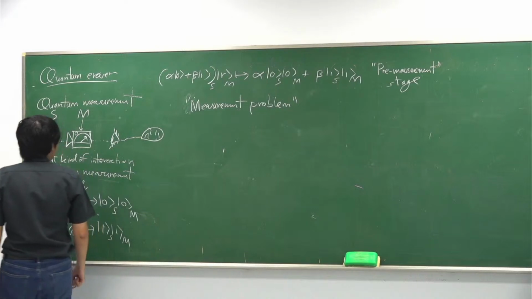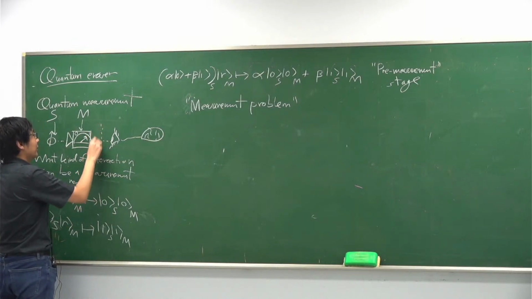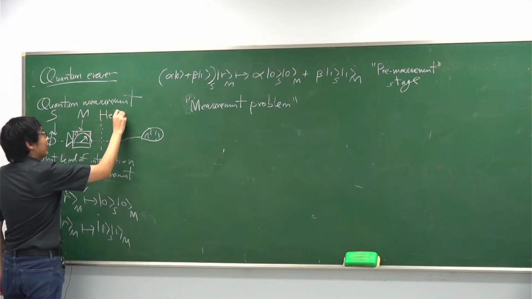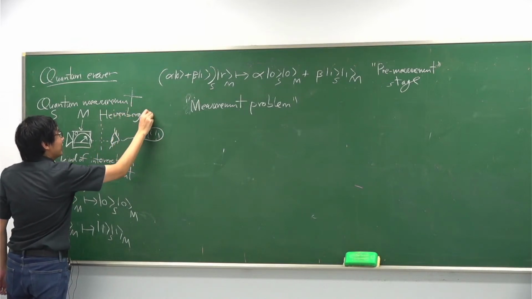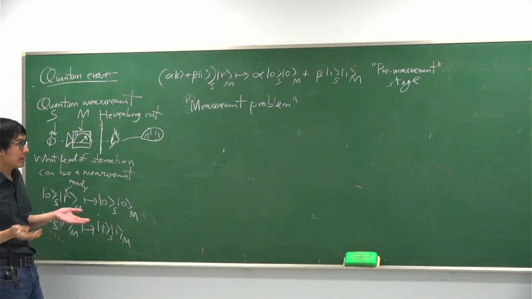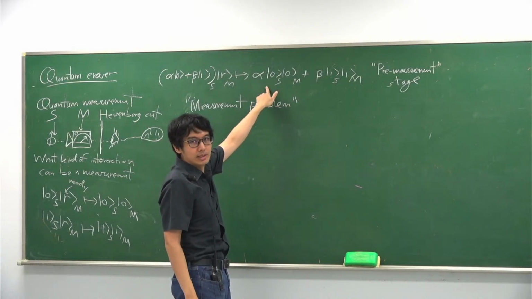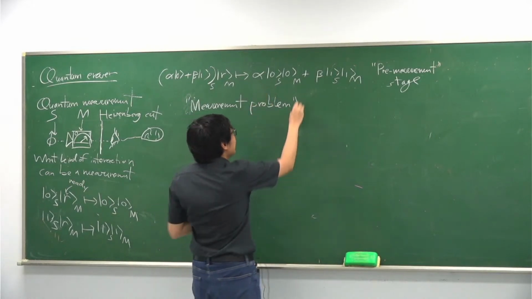In philosophical jargon, what we do is put something called the Heisenberg cut somewhere, and say that at some point this becomes just a classical distribution.